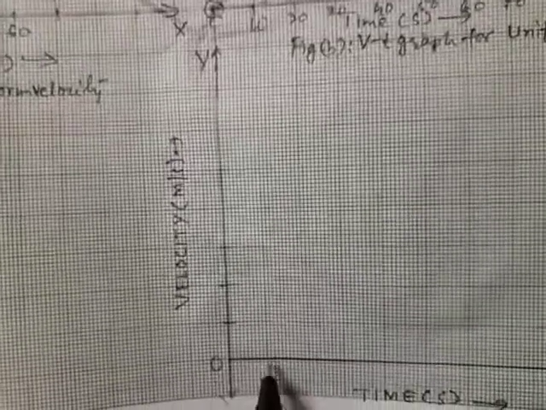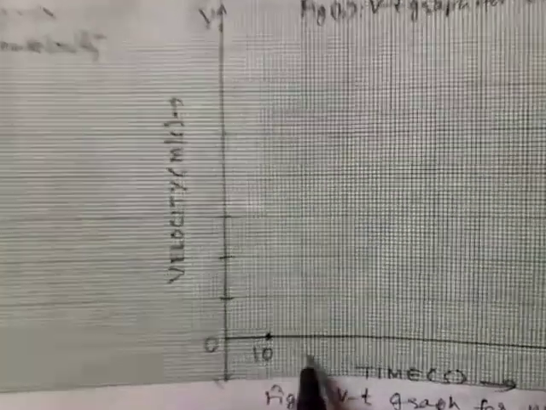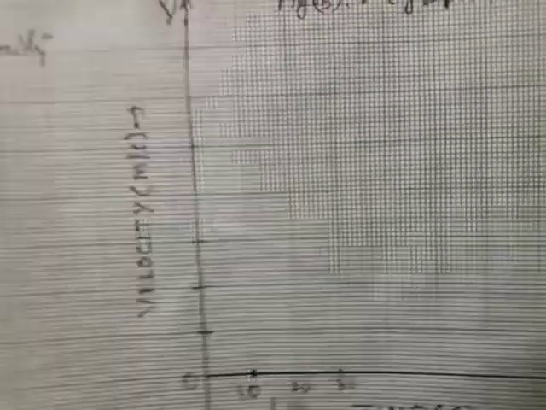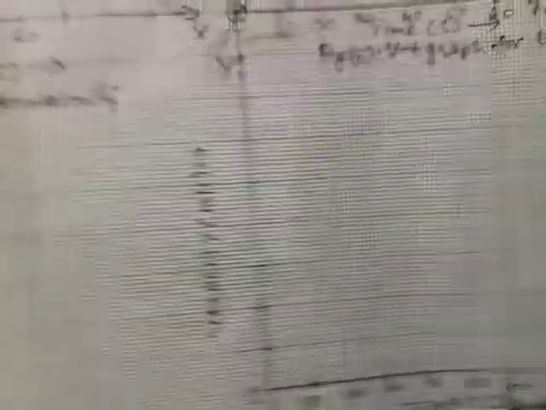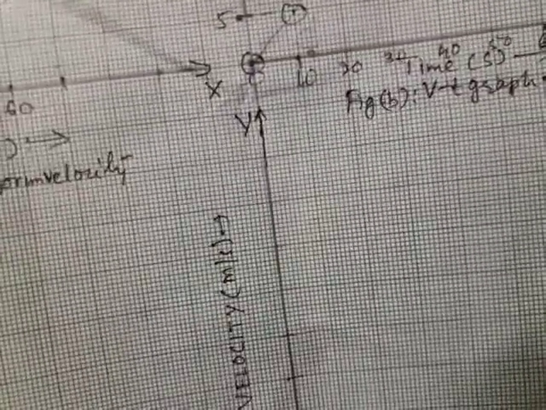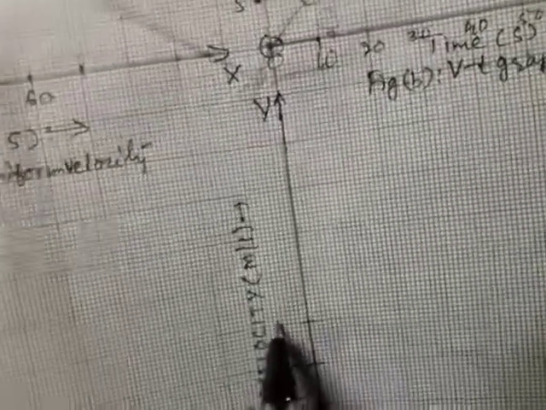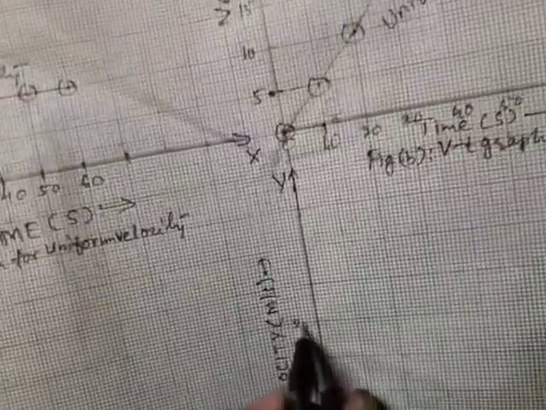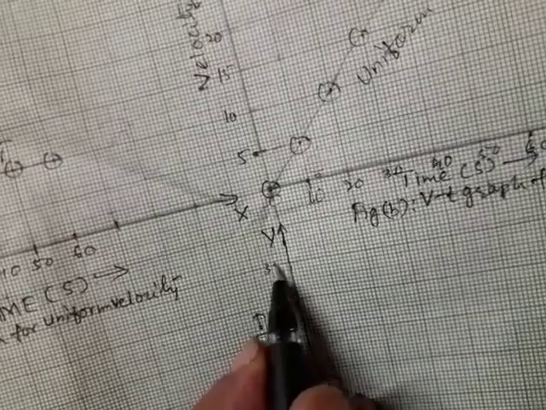Locate the points on the x-axis as time: 0, 10, 20, 30, 40, 50, 60, etc. The maximum value is 36, so we can take 5, 10, 15, 20, 25, 30, 35, then 40, accordingly to the data given.